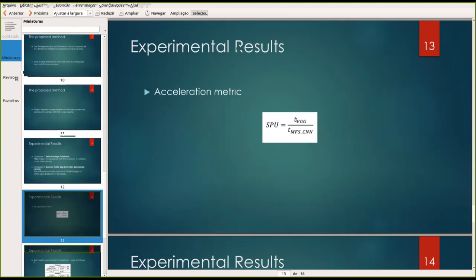Before I present the results, we present the acceleration metric, which is the simple relation between the classification time of the VGG model and the proposed method.